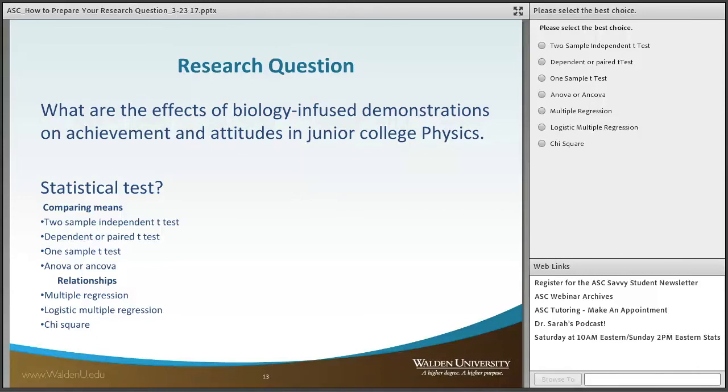Anyway, that also has achievement and attitudes in the same sentence. I would probably have written this as two different research questions, or at least when it came to the analysis, made it clear that I was going to do something on achievement and something on attitudes, because it definitely would be a comparison.